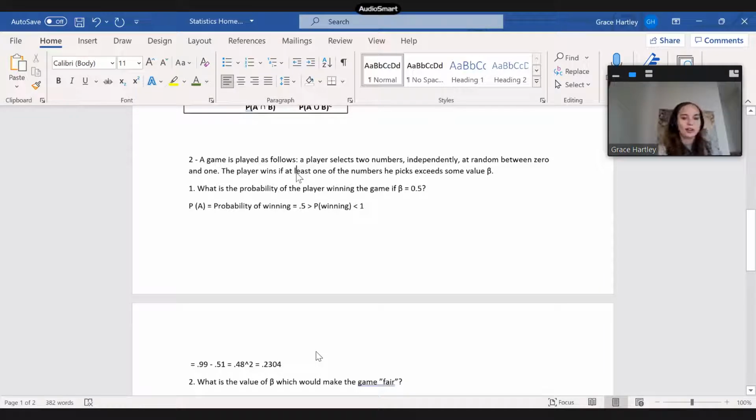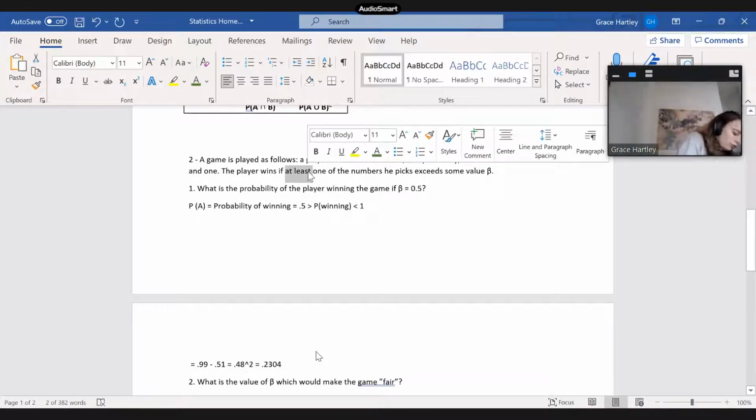For example, if I pick 3 times or 4 times, at least one time means I can pick 1 time, 2 times, 3 times or 4 times. You calculate those four probabilities and add them together, and sometimes it's not simply adding them together. You need to, for example, subtract the intersection part. It becomes very complicated.